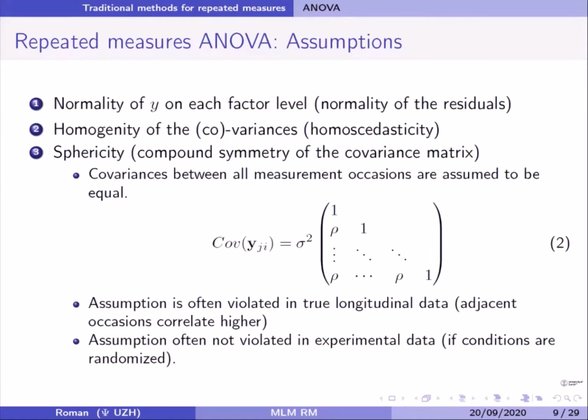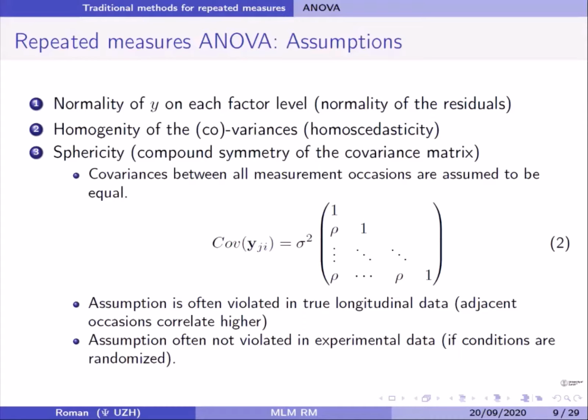Now, sphericity is an assumption, and this is the Achilles heel of the ANOVA approach to repeated measures. Compound symmetry of the covariance matrix is assumed via sphericity. So this means the covariances between all measurement occasions are assumed to be equal.